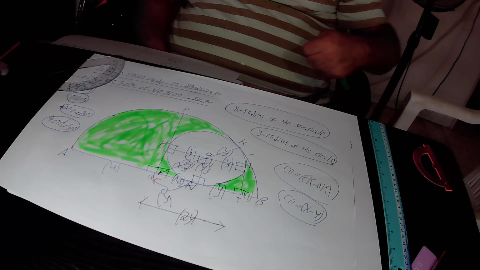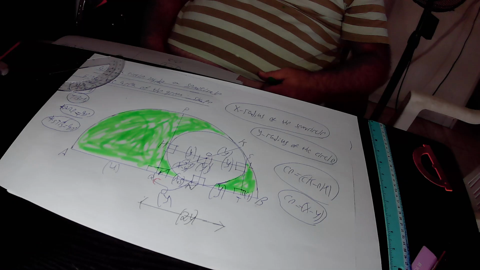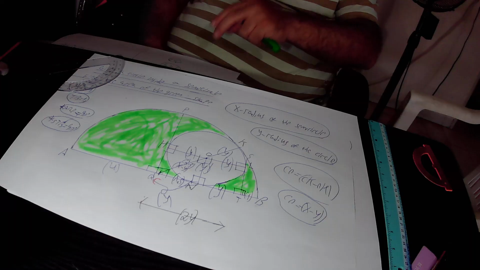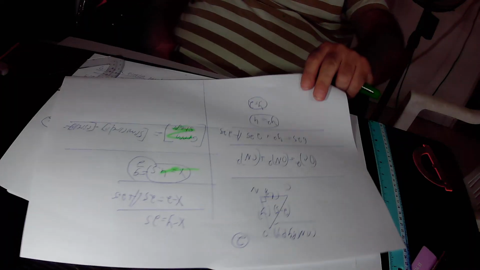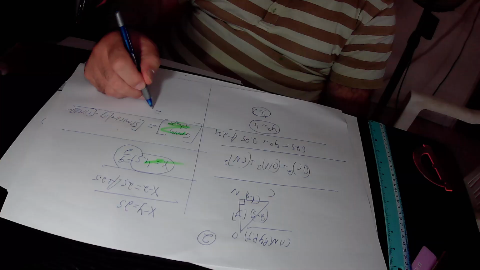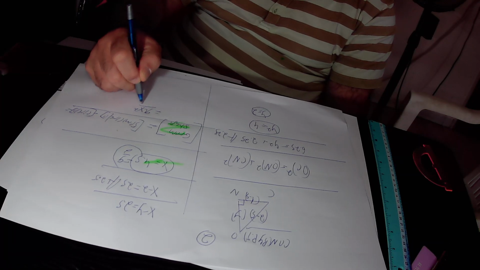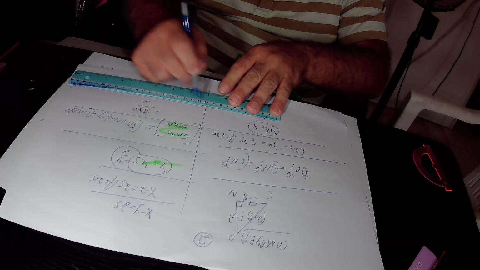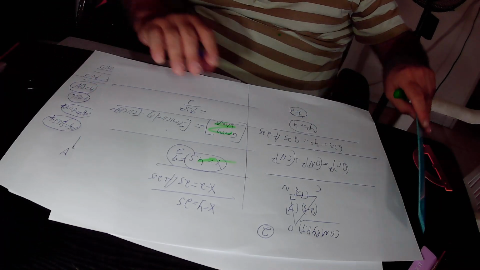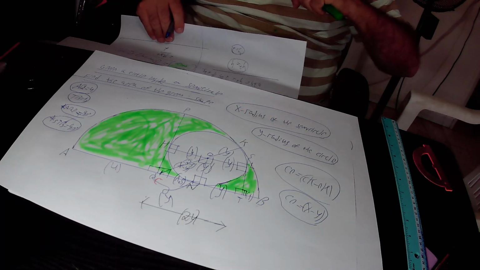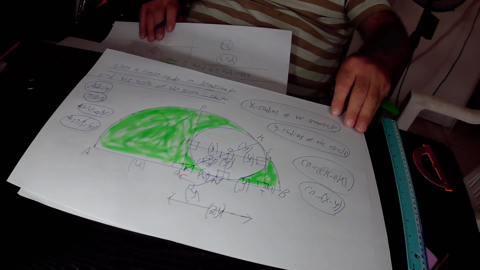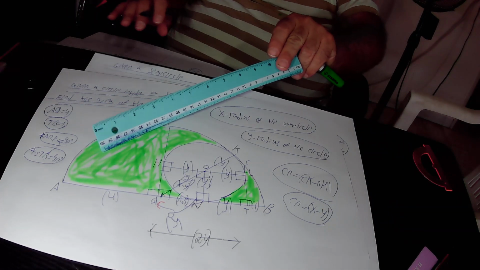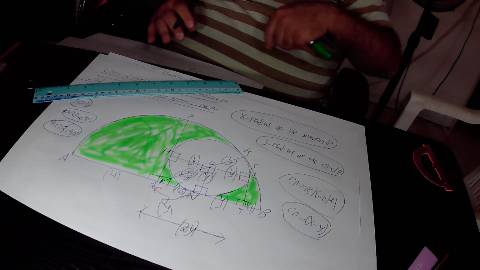The area of the semicircle is equal to half the area of the circle, that is pi x squared over 2. So the area of the semicircle is equal to pi x squared over 2, minus the area of this circle. The area of this circle must be equal to pi times the radius of the circle squared.